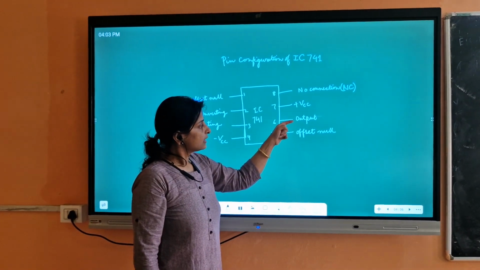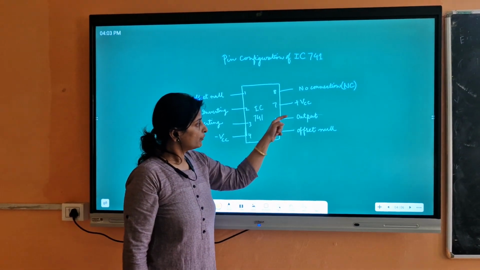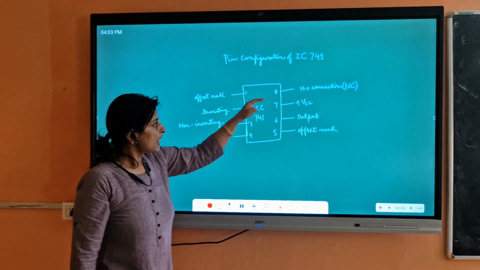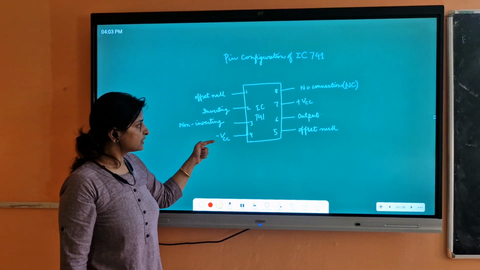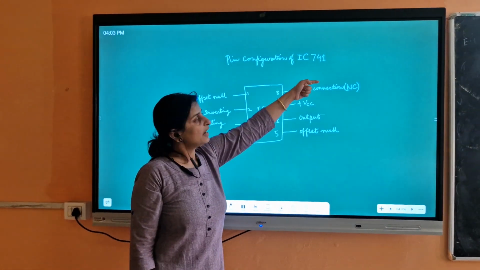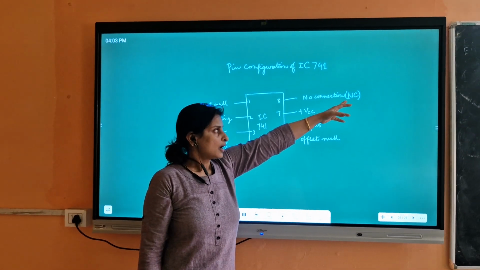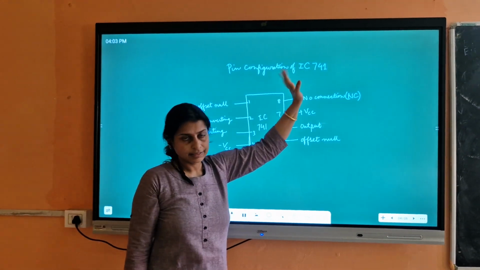Pin number 6 is the output. We check or get the output from pin number 6. Pins 4 and 7 are minus VCC and plus VCC. Pin 8 remains as no connection, which is written as NC.